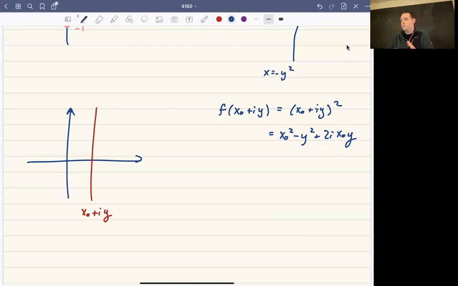And in this case, it's actually minus y². And again, I'm ignoring those constants, x₀, they don't really matter for this discussion, but they end up with these kind of parabolas that get mapped to.